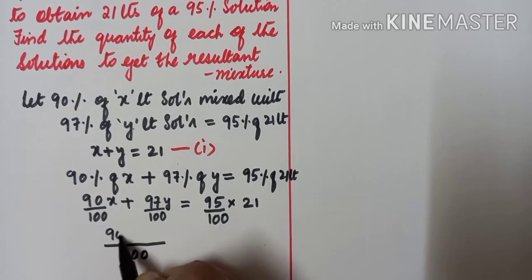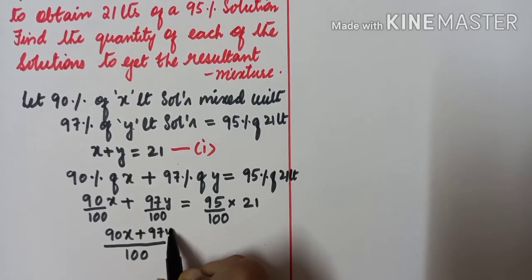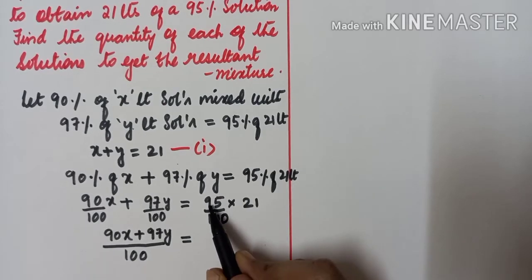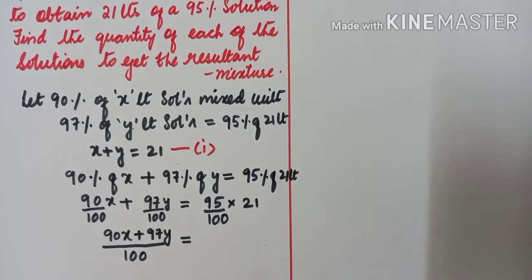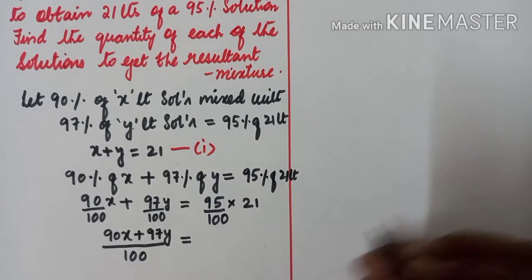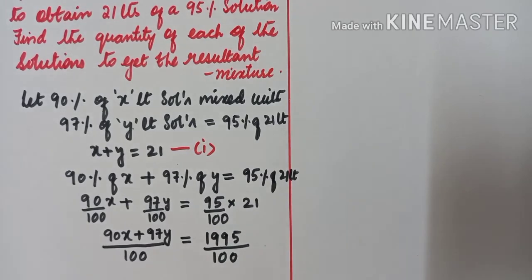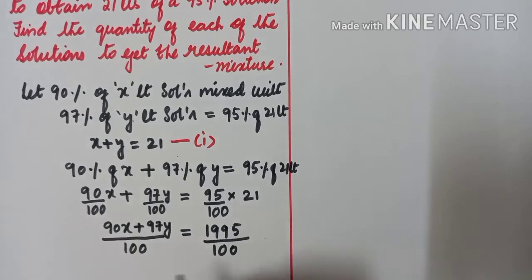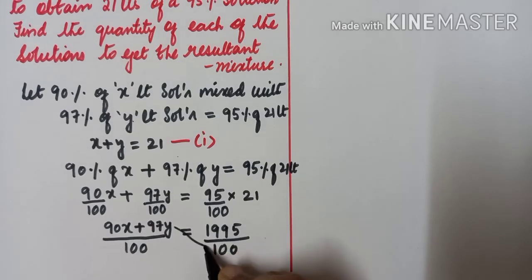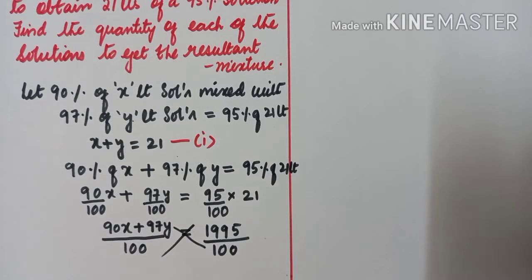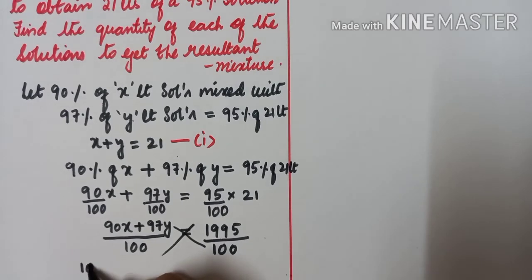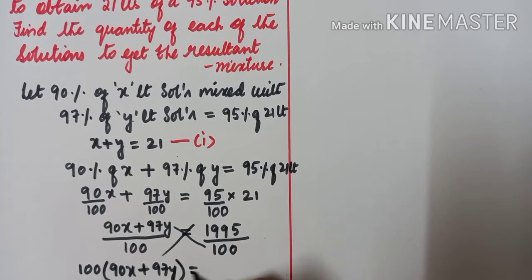Then here 90x plus 97y equals 95 into 21. If you do 95 into 21, you will get 1995 divided by 100. Now the next step, since there is an equal sign, we cancel the 100 by cross multiplication. 100 into the numerator 90x plus 97y equals 100 into 1995.